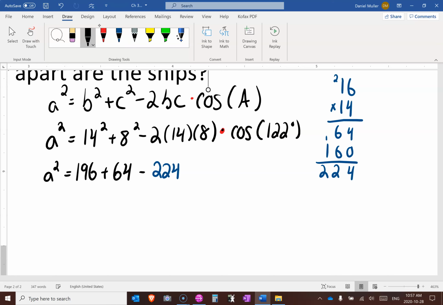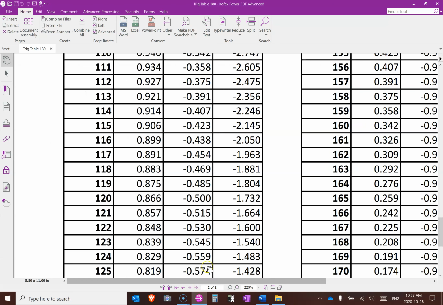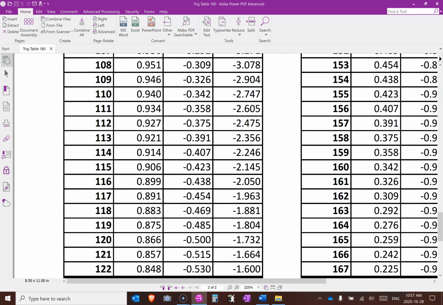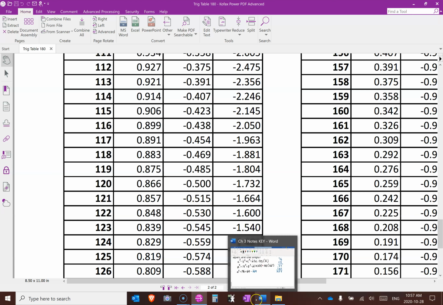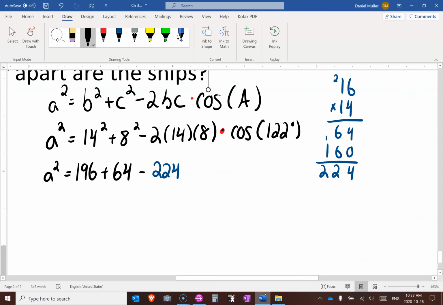And cos of 122, cosine is negative 0.530. So I'm just going to go negative 0.53, times, maybe I should put it in brackets, negative 0.530.